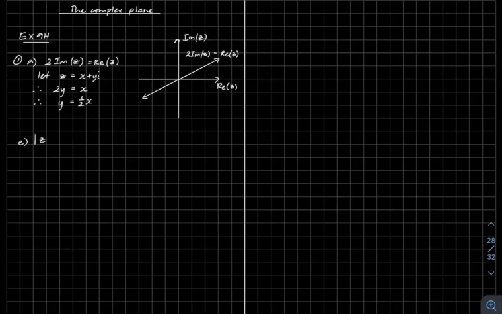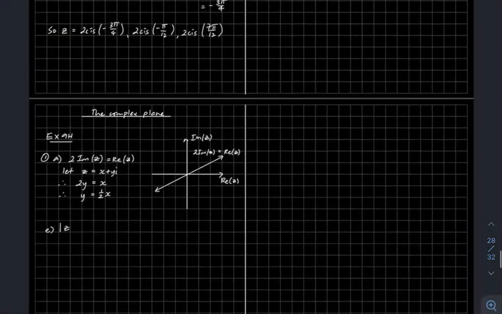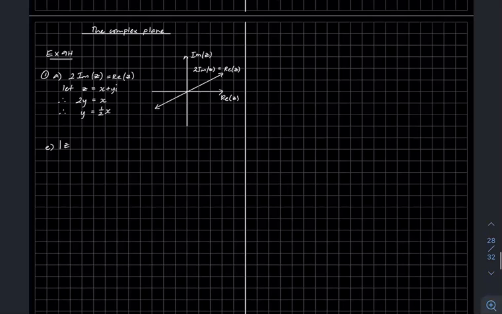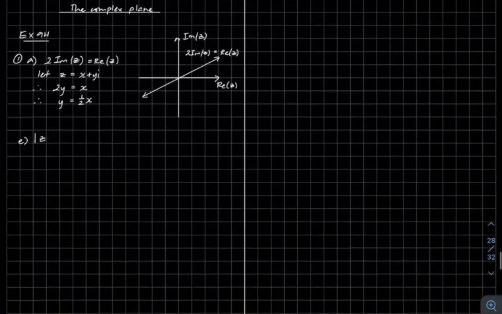So we've got the modulus of z take away 1 plus root 3i is equal to 2. Let's first of all take the same approach as above, but then this one will establish a more general pattern for us.